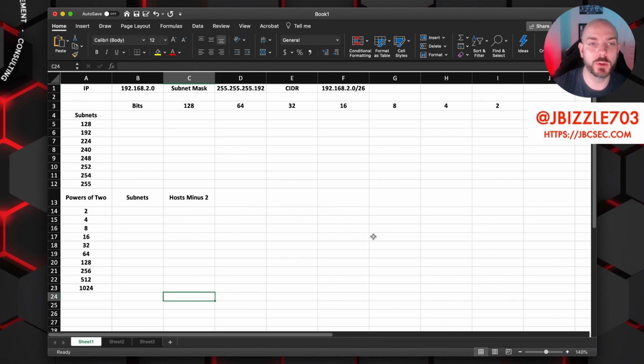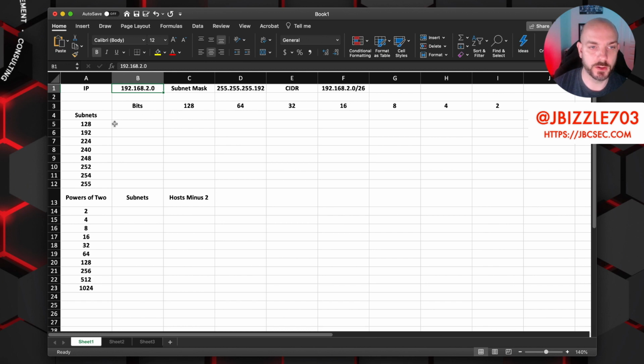So if we were to take an IP address of 192.168.2.0 with a subnet mask of 255.255.255.192, we want to find out how many hosts could we have within that subnet range. So what we're going to do is look at the subnet, and we see that's a 192.